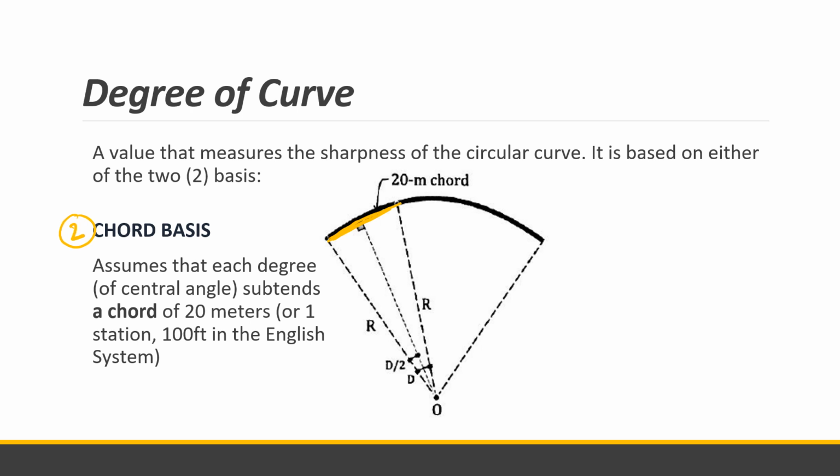So considering the right triangle formed, so itong triangle na to, that gives us sine D over 2 is equals to 20 over 2, so half, kalahati, this is 20 over 2, this is D over 2 dito, and yung radius natin. So R is equals to 10 over sine D over 2. So that is the chord basis.